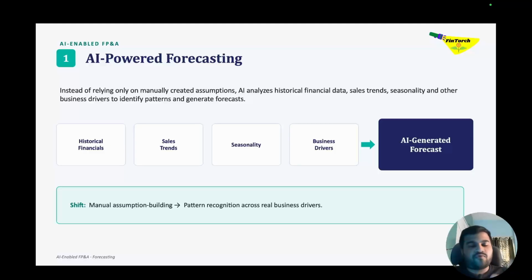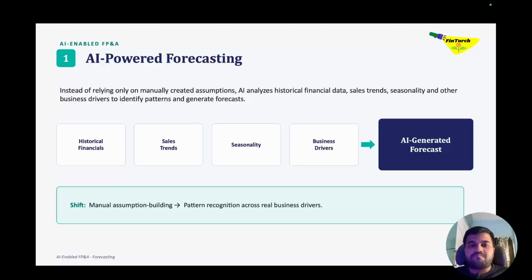So AI powered forecasting. Instead of relying only on manually created assumptions, AI is analyzing historical financial data, sales trends, seasonalities, and other business drivers to identify patterns and generate forecasts.